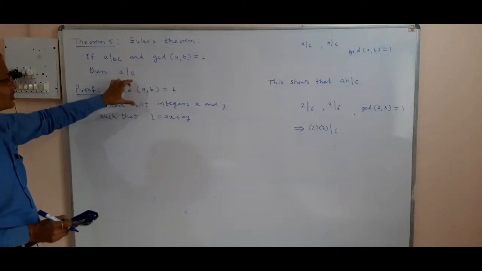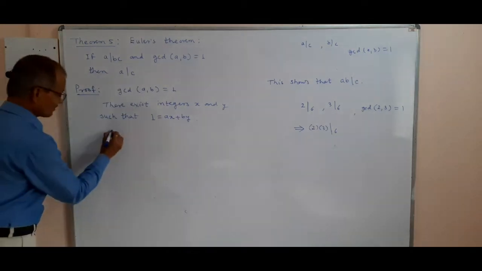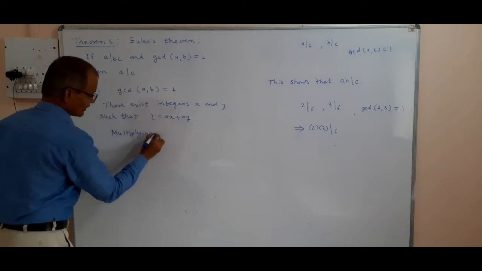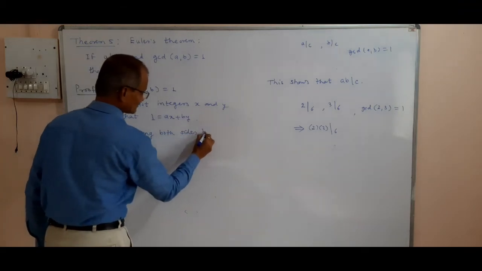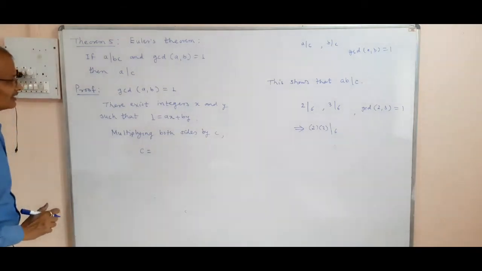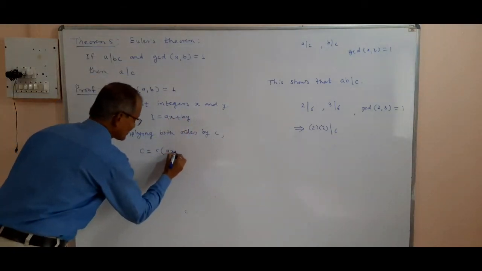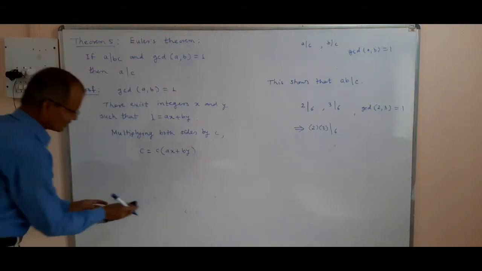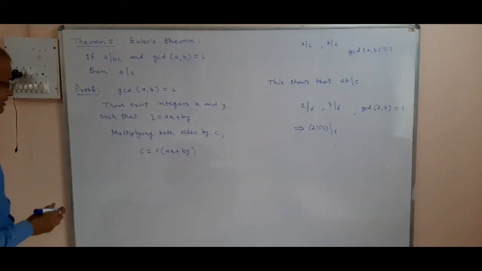So we want the expression for C, and therefore we multiply this equation both sides by C. Multiplying both sides by C, what we shall get? C is equal to, and right side is C into ax plus by. Or this will imply Cax plus Cby.